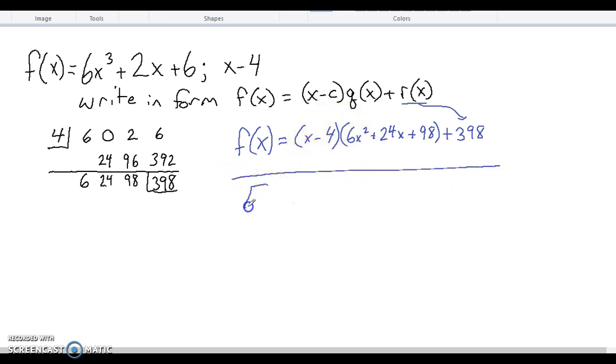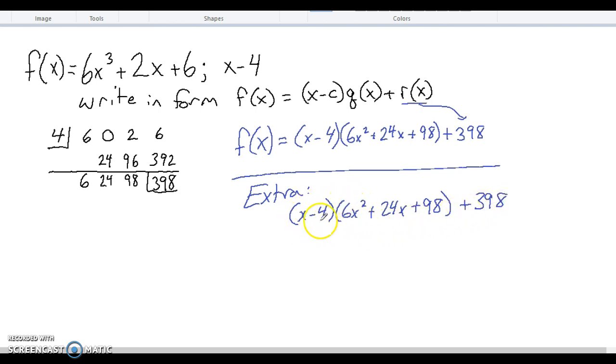So we'll call this extra. We're going to take x minus 4, multiply it through 6x squared plus 24x plus 98, and then we will add 398 onto that.